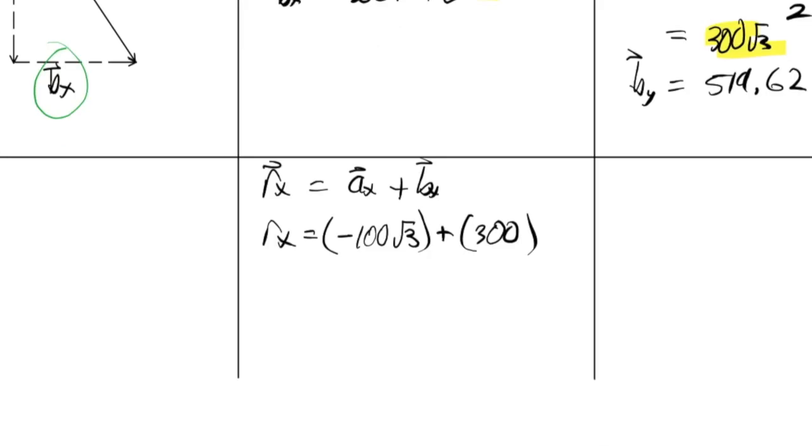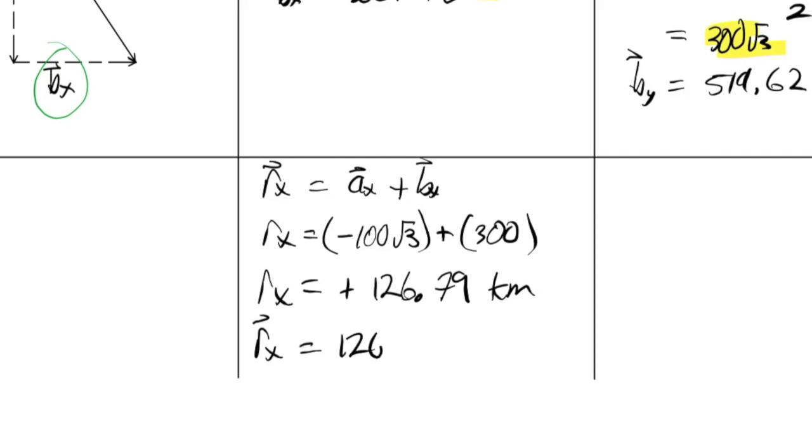Okay, so now to combine these, we're going to have to deal with a little bit of rounding, but at least we've minimized the amount that we have to do. So that gives us positive 126.79 kilometers. As a vector, that's 126.79 kilometers east.